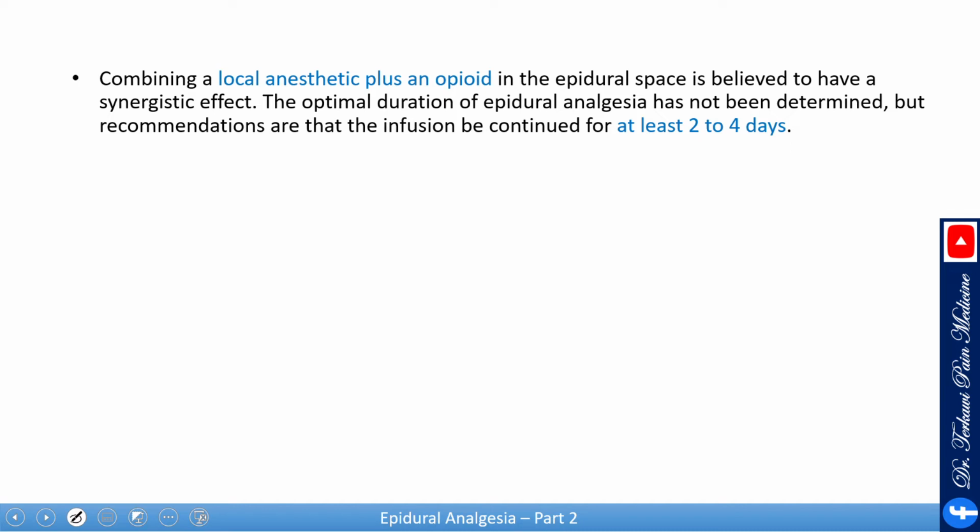Again, combining local anesthetic with opioid may have a synergistic effect. The optimal duration of epidural analgesia has not been determined, but usually is 2 to 4 days post-surgically.